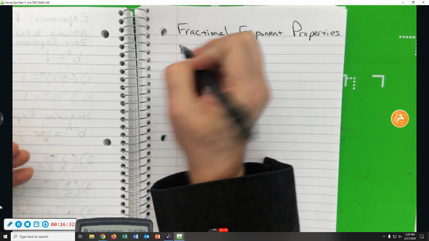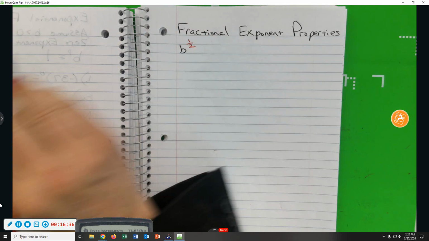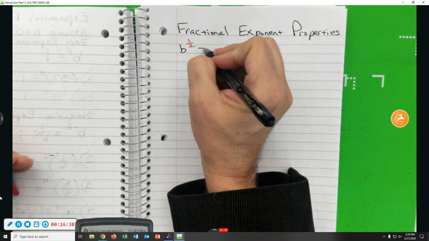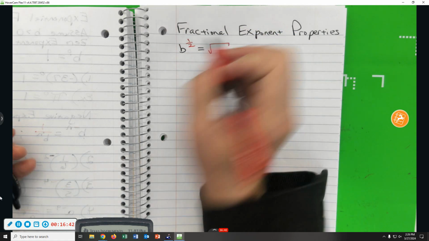B to the 1/2 power. That's the same thing as saying the square root of b.